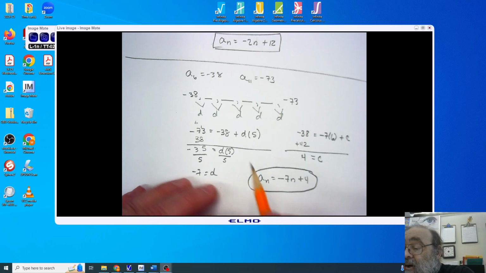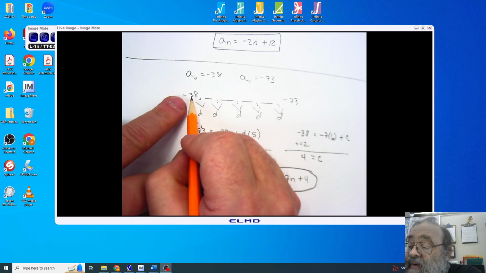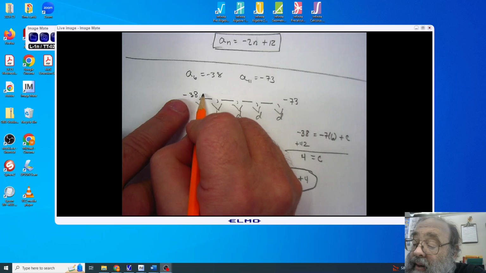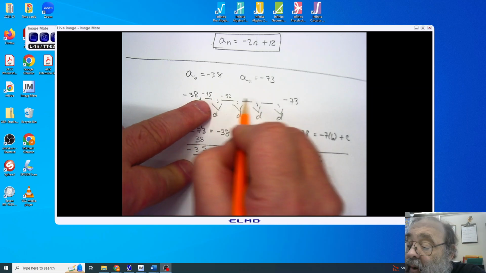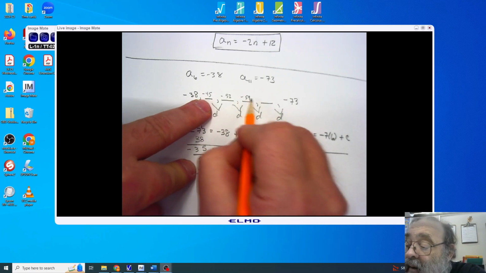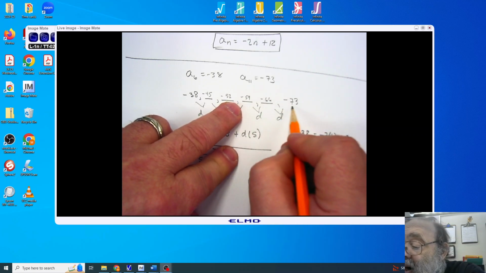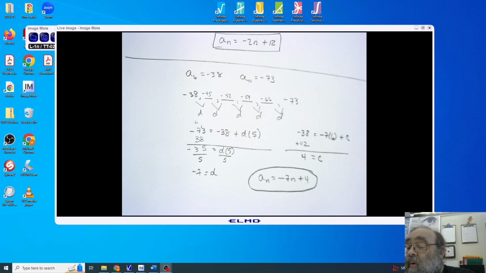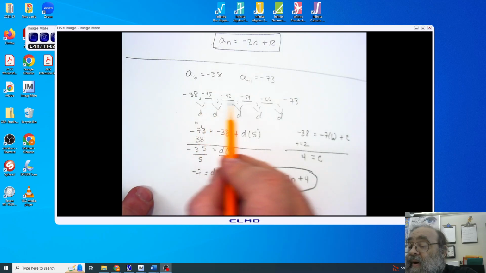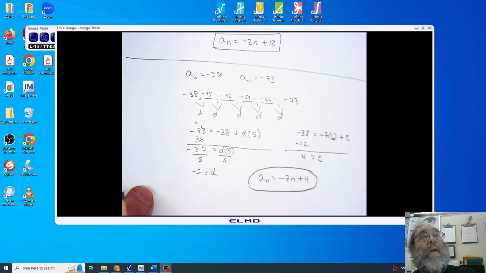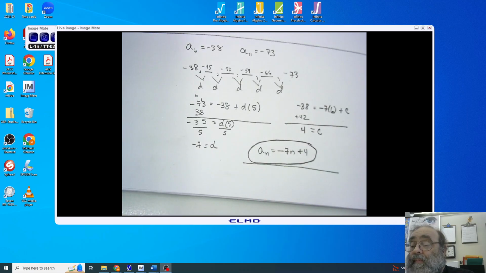If I wish, I could subtract 7 from negative 38 to get negative 45, negative 52, negative 59, negative 66, and then I end up with negative 73 at the end. This now can generate all of the values in the sequence in between and find my general rule.